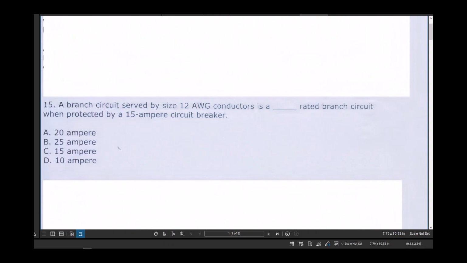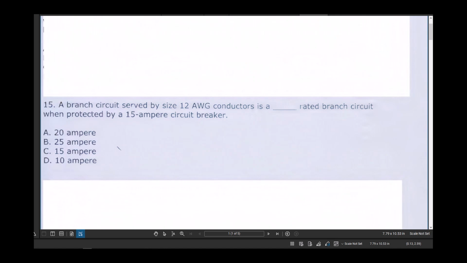Question 15. A branch circuit served by size 12 gauge conductor is A, 20 amp, B, 25 amp, C, 15 amp, D, 10 amp rated branch circuit when protected by a 15 amp circuit breaker.